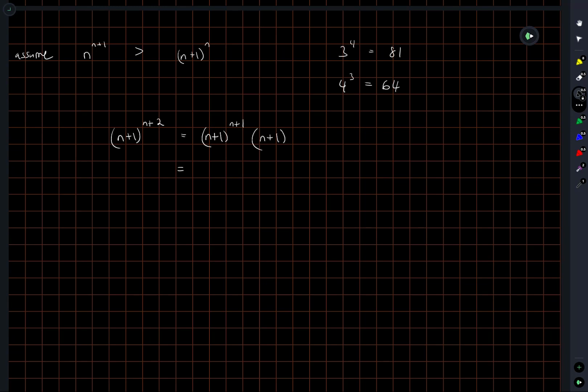We might have to do a lot of manipulation of things here. Maybe it's best to write this as n plus 1 to the n times n plus 1 squared. I don't know. Because here, well, there we have this term, but that inequality is kind of going the wrong way.